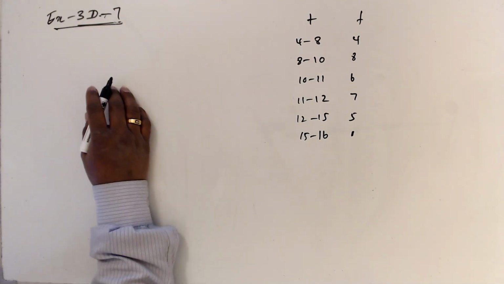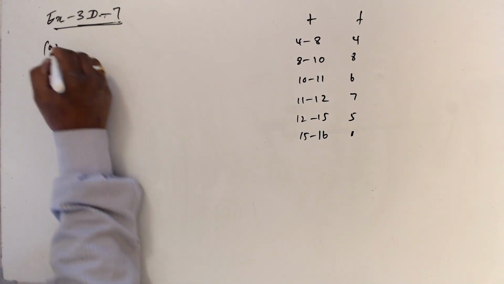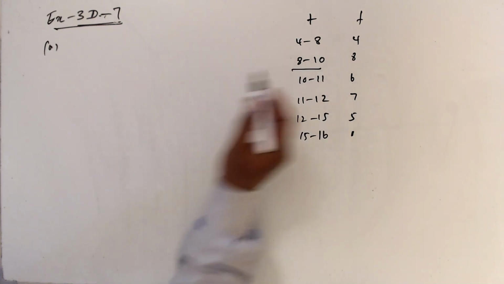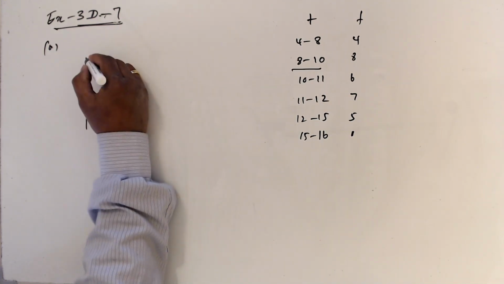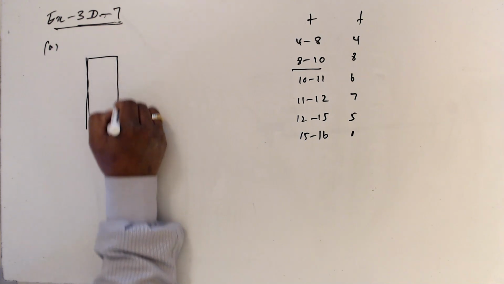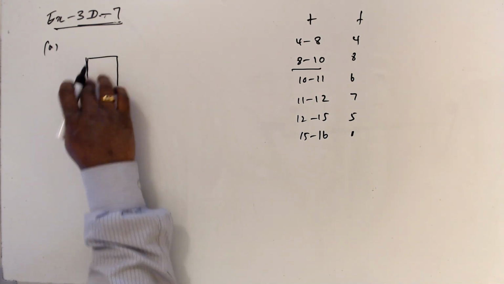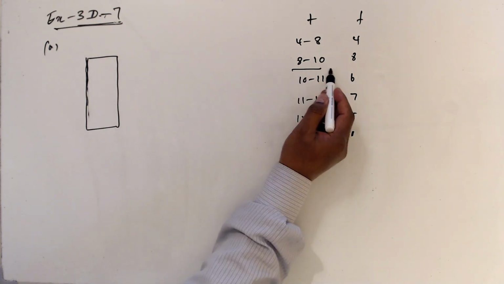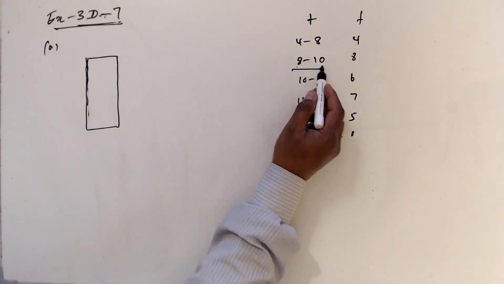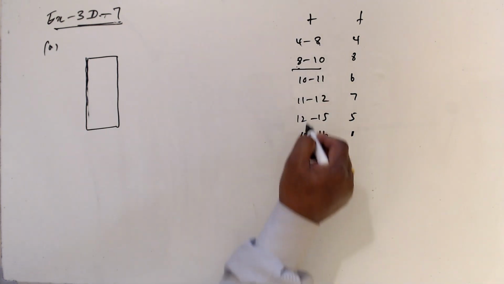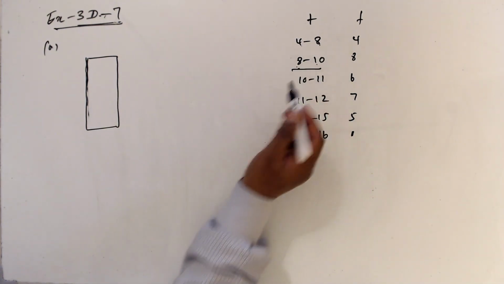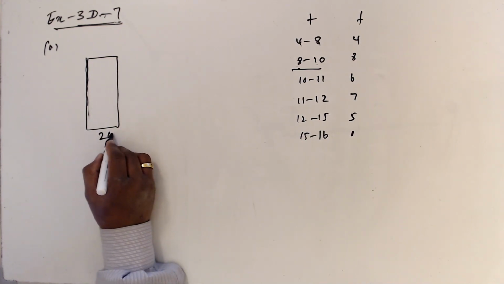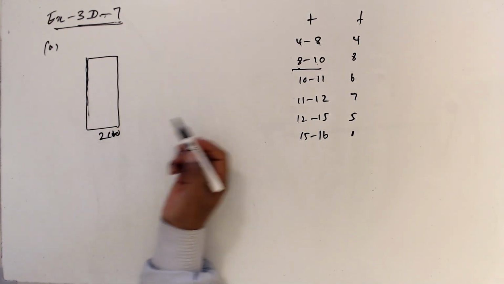Question number 7, Part A. 8 to 10. The class width is continuous for 8 to 10, so we don't need to do anything. So 10 minus 8, the class width is 2.